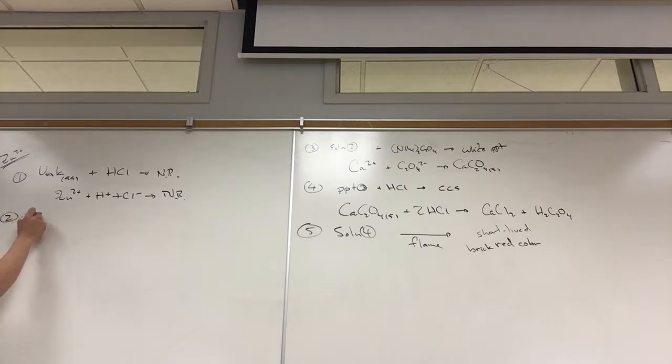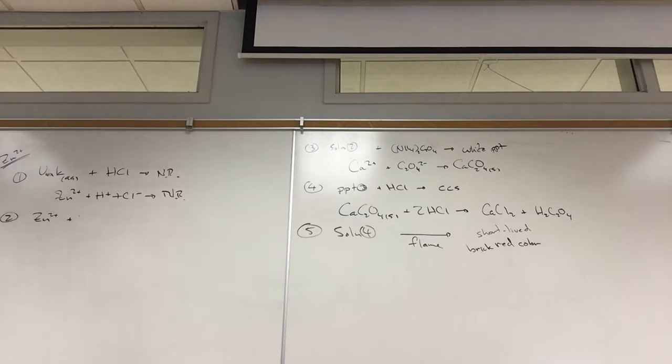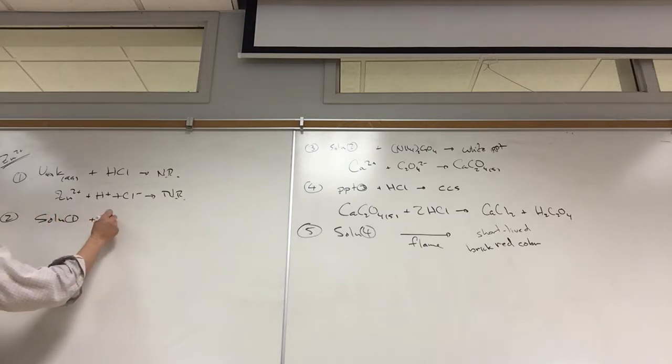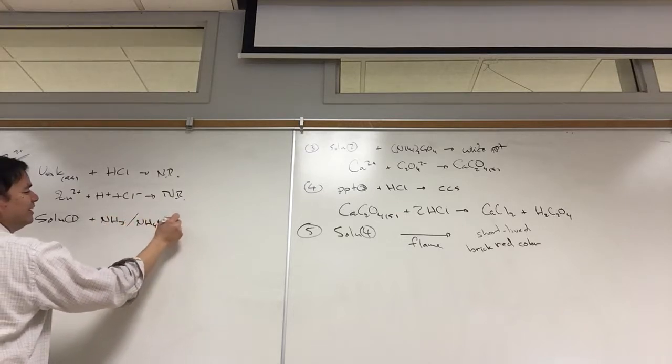And then zinc 2 plus, is zinc hydroxide soluble or insoluble? Insoluble. Zinc hydroxide is actually insoluble. And so actually this is not zinc. This should be solution 1 plus ammonia yields NR.